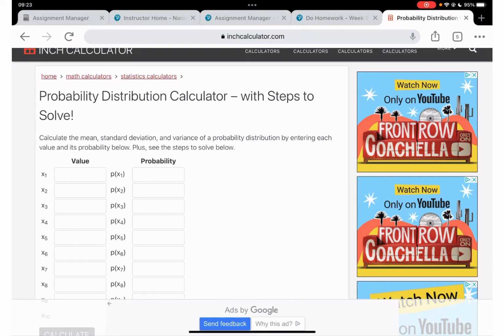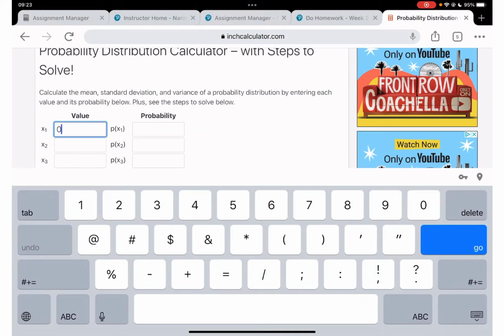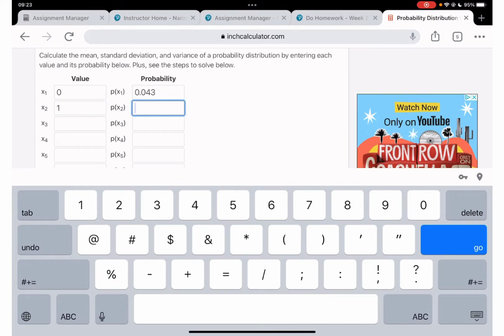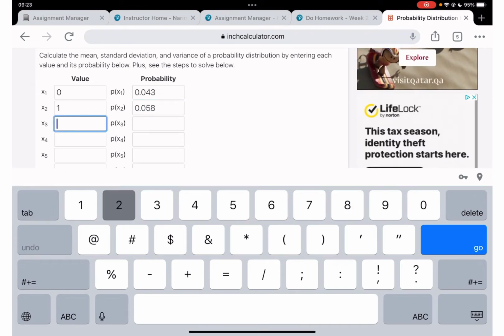All right, so let's work on it. I'm going to use the picture for x and probability of x. So we get here 0, here 0.043. Next, it's going to be 1, here 0.058. Next is going to be 2, here we are getting 0.159.